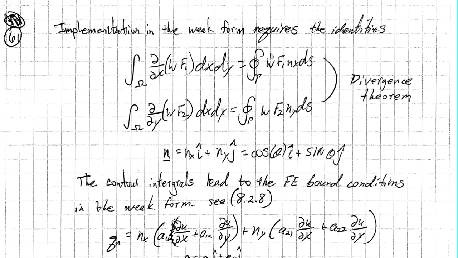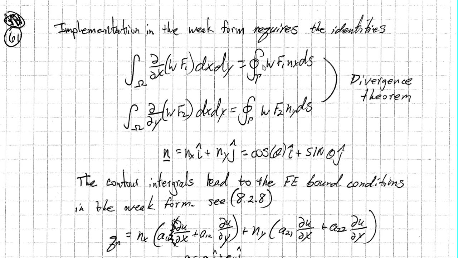What I have on this side is a vector f1. I'm multiplying it times some weight function w. Here's my unit normal in the x direction. Here is the contour around the area, and over here I'm taking the gradient of this entire thing over the area.